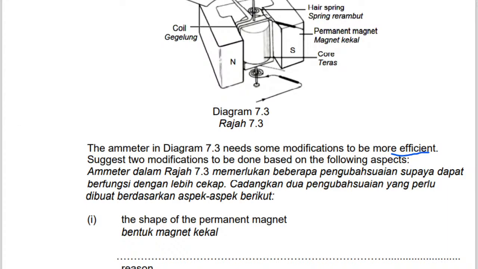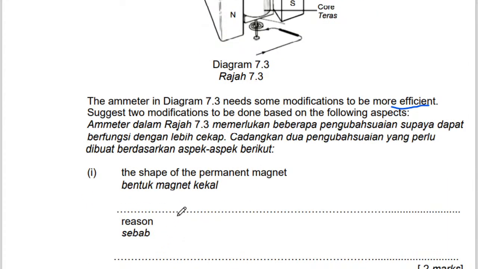So the shape, you can write C shape or concave shape. Reason: produce a radial magnetic field, so that the magnetic field will be focused. Can accept.